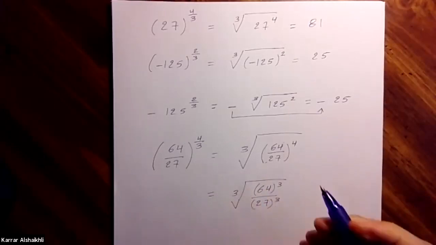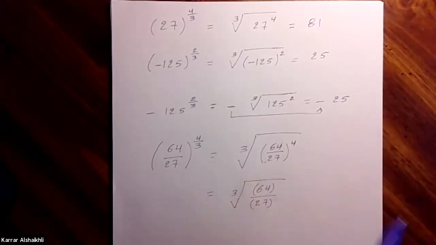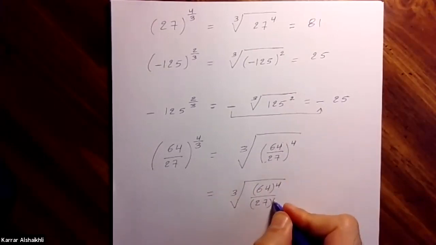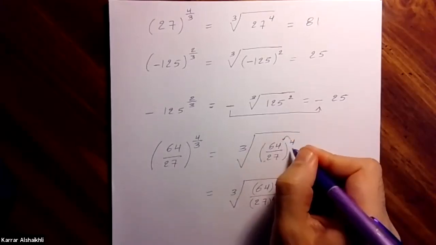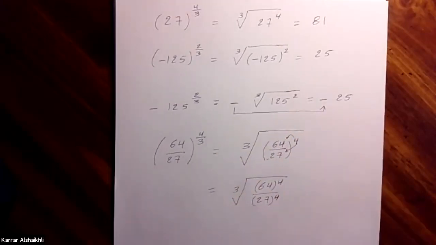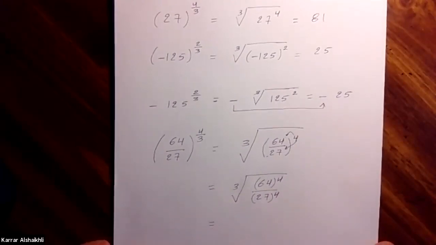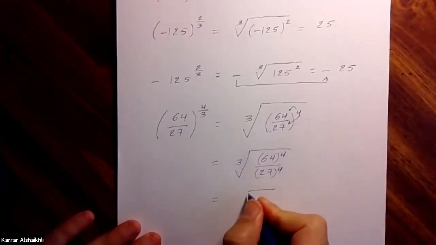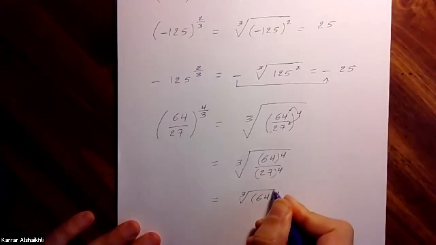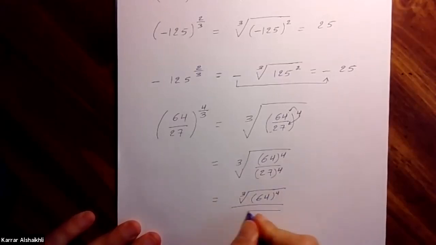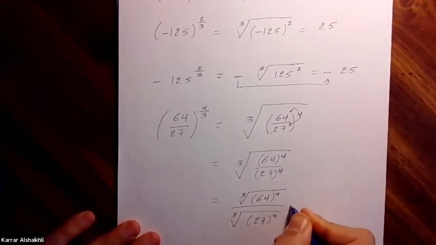You see what I did? I distribute the exponent on the top and on the bottom. Next step, I'm going to distribute the radical. So it's going to be the cubic root of 64 to the power 4 over the cubic root of 27 to the power 4.